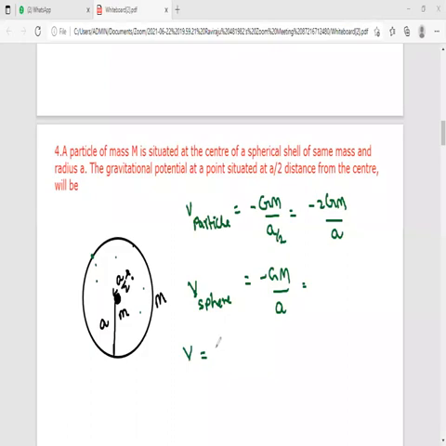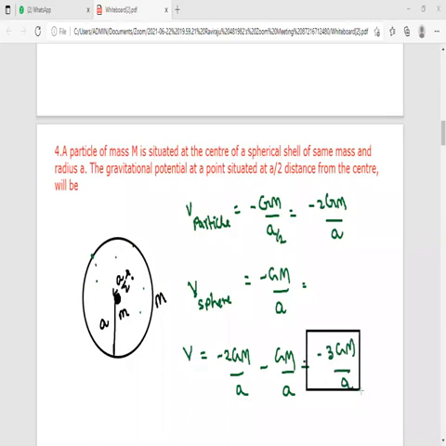So simply we can take direct sum only. This will be how much then? Minus 2GM by A minus GM by A. And total value will be minus 3GM by A. And finally, the answer for total potential at the given point is minus 3GM by A.